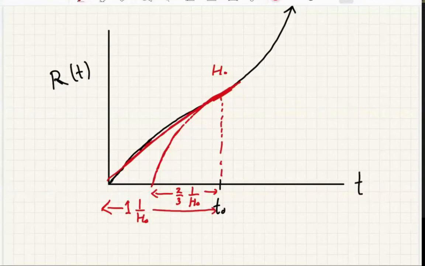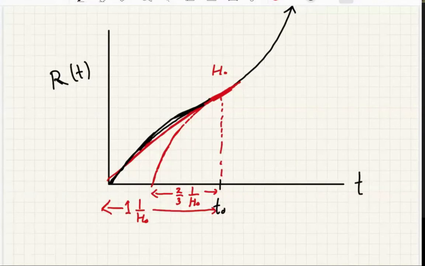But actually, the reality gets even more bizarre. It looks like the real universe is shown in black here. There was acceleration recently. By recently, I mean in the last several billion years. The universe was actually expanding at a slower rate then than it is now. But then, of course, earlier on, it decelerated. So it decelerated, and now it's accelerating.